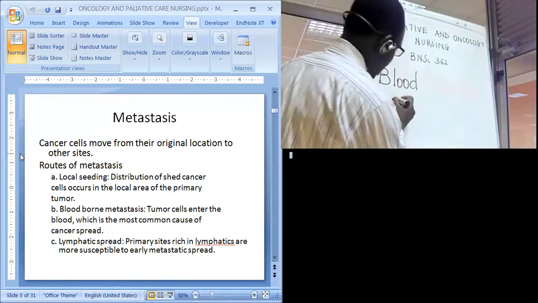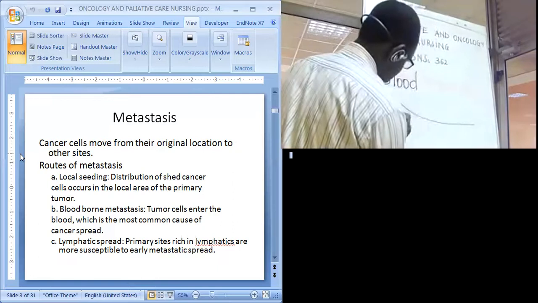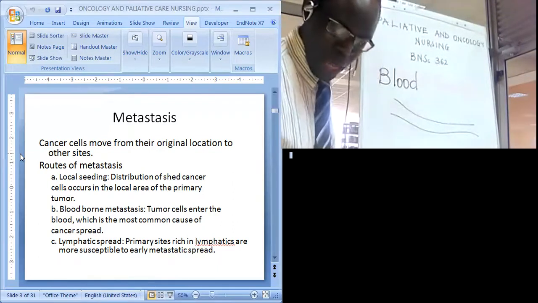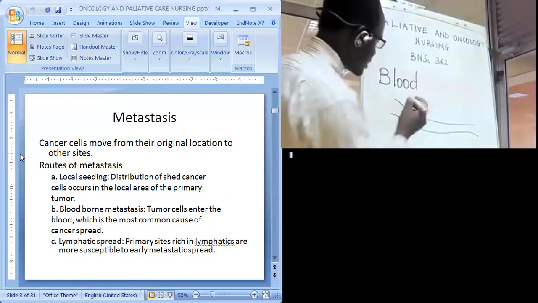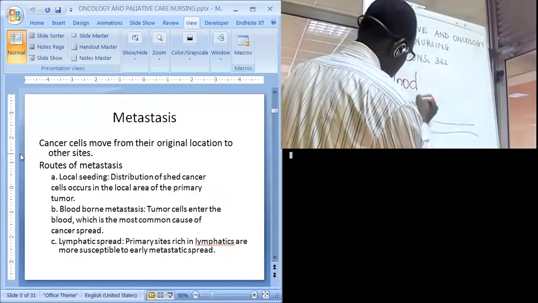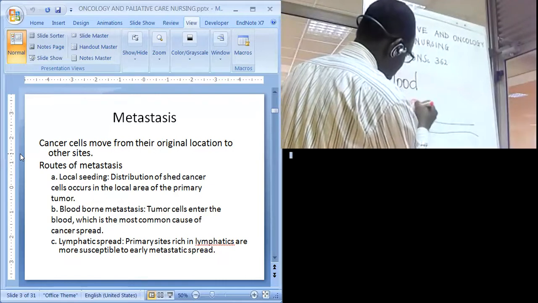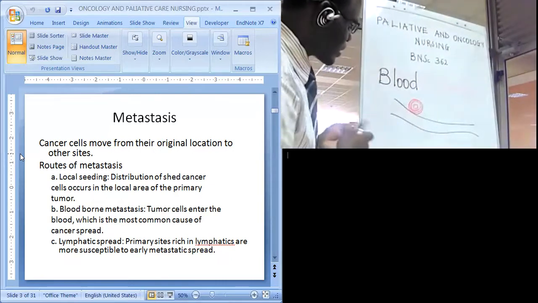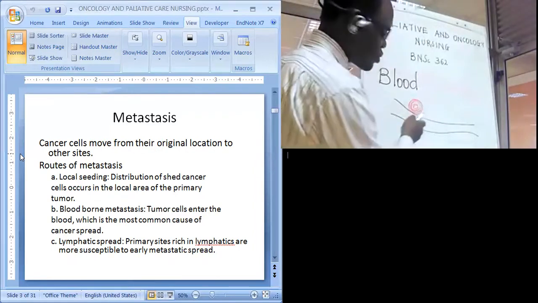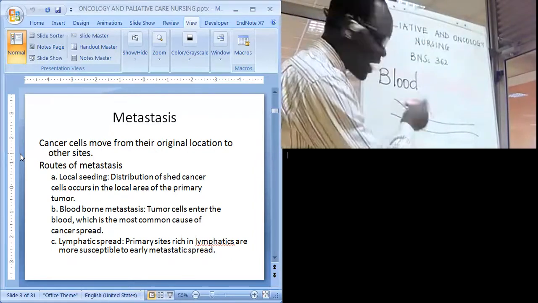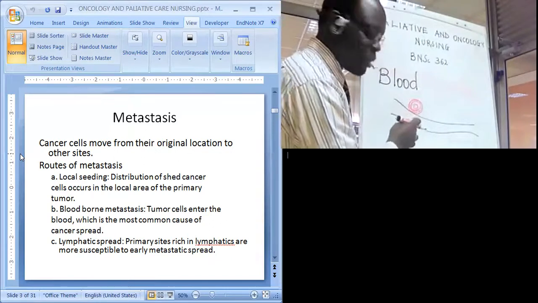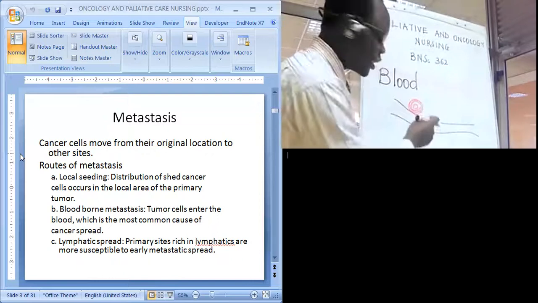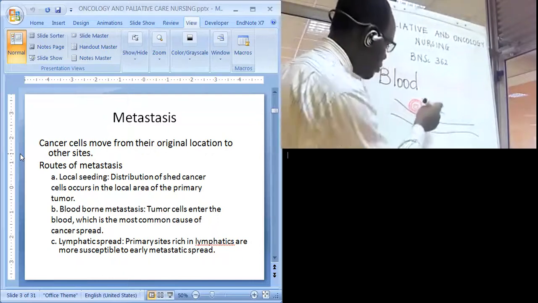Just imagine this is our blood vessel, and maybe we have a cancerous cell here. What actually happens, since these blood vessels have tiny pores, or at capillary level they are tiny pores, is that the cells get into the blood vessels.